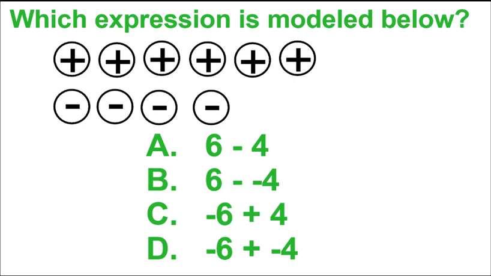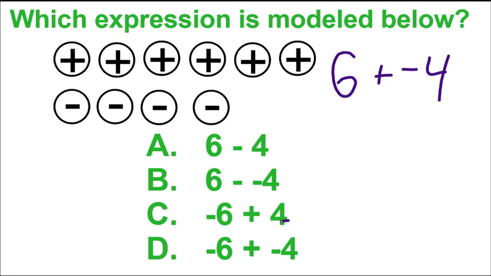D is incorrect. A is correct. All right, so what we think of this is as addition always, okay? So if we have 6 pluses, 4 minuses, the way we would normally look at it is 6 plus negative 4, right? 6 positives, 4 negatives. That is not one of the answer choices.